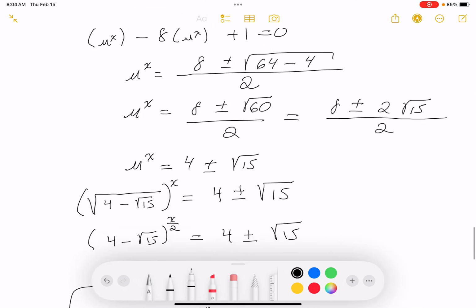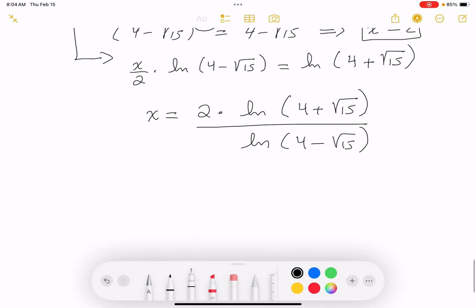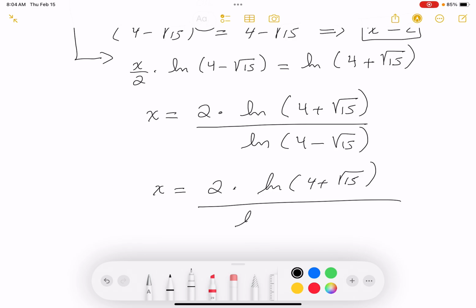So what I want to do is go back over here and say this one's equivalent to, maybe it's going to simplify, who knows, 2 times the natural log of 4 plus root 15. And I can write the bottom down. It's actually the natural log of 1 over 4 plus root 15.